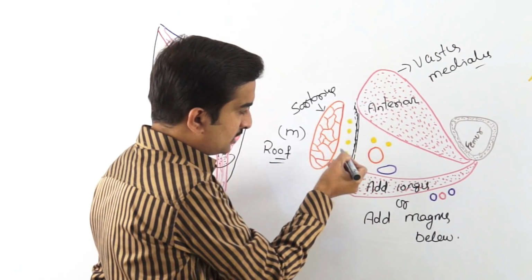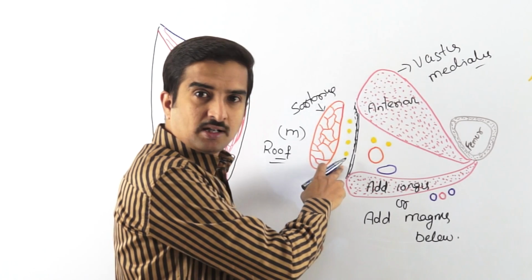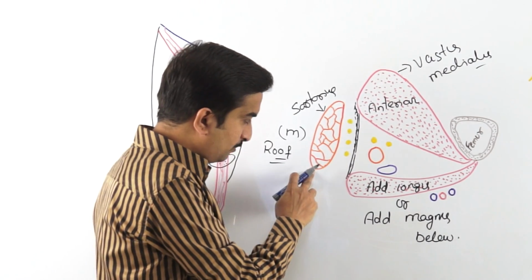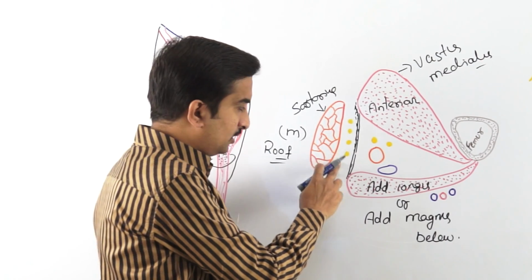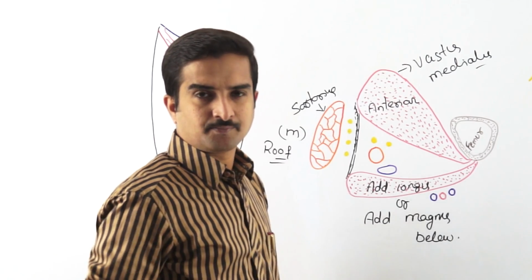Here you can see the small nerves which are present between the strong fibrous membrane, that is the roof of the canal, and the sartorius. These are called the subsartorial plexus.